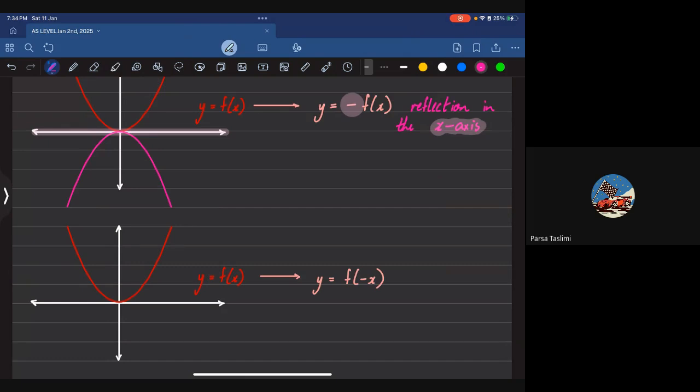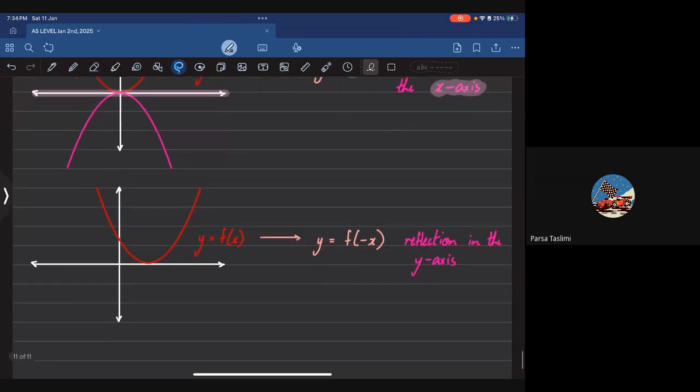Obviously, the inverse of it is going to happen. What is the inverse now going to happen? Reflection in the y-axis. Now, for that, I need to shift my graph a bit over here in order to show the reflection. So this is going to be reflection in the y-axis.